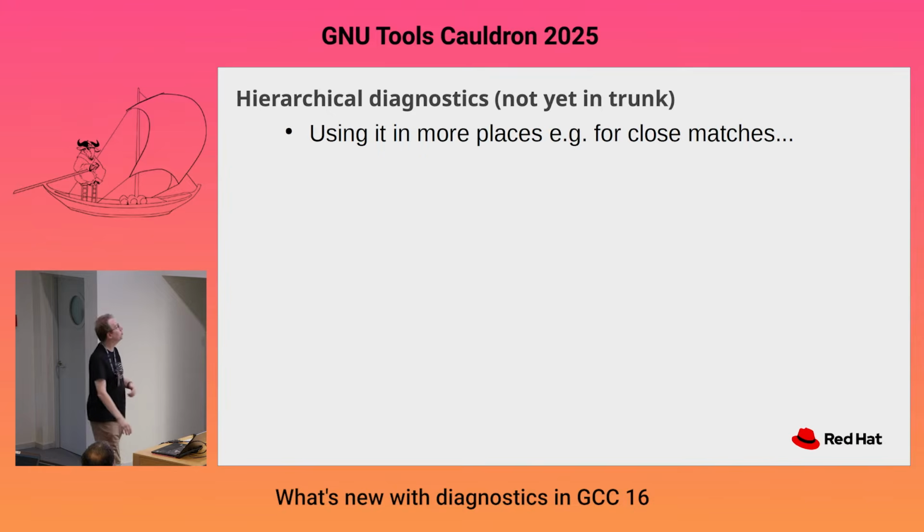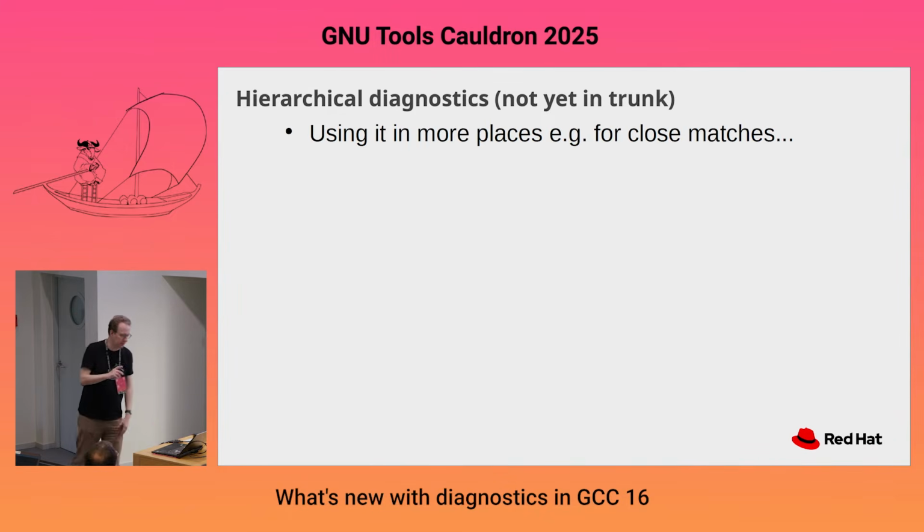And so that's in trunk. I'm thinking this might be a headline feature for C++ users in GCC 16. It's certainly a big change, and I'm sure some people are going to complain because it's a big change.